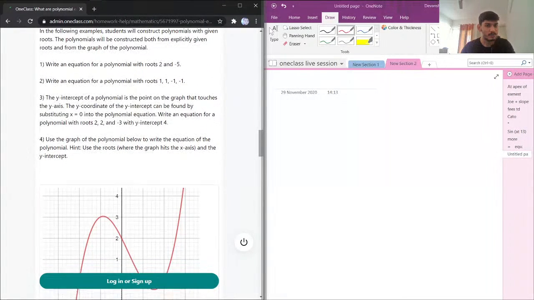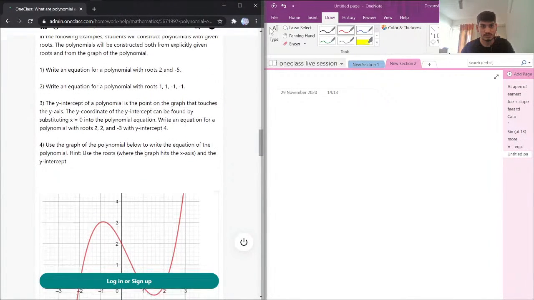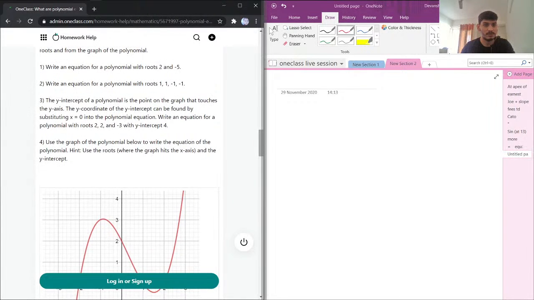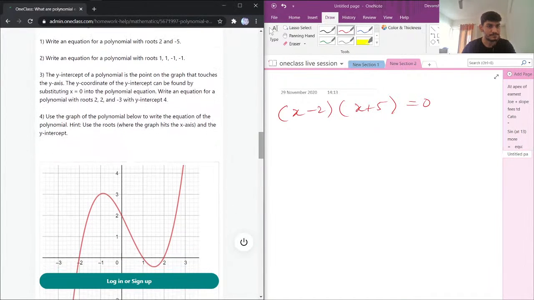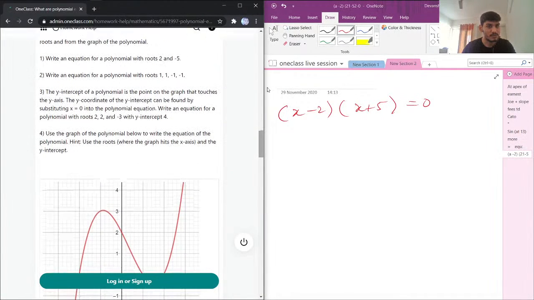Write an equation for polynomials with roots 2 and negative 5. We can do that. We'll just write x minus 2 and x plus 5 equals to 0. We'll multiply this and we'll get the equation. Write equation for roots 1, 1, negative 1, negative 1.